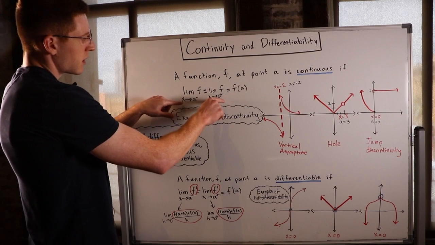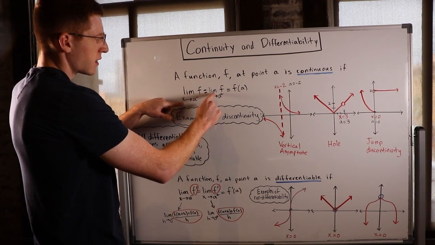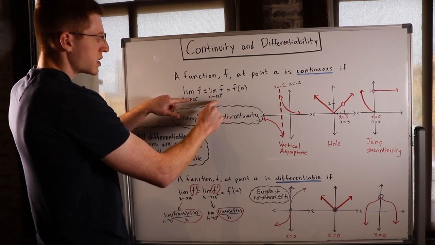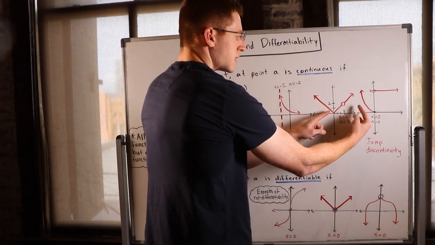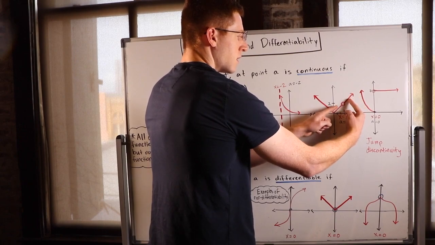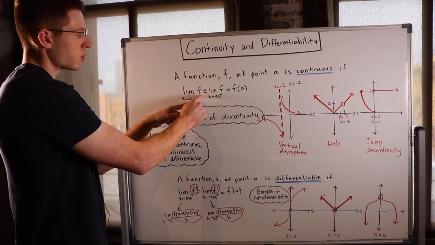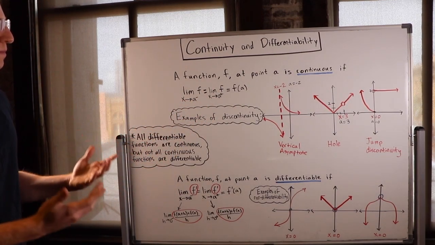To test if the limit of f as x approaches a from the negative side and the limit of f as x approaches a from the positive side are equal, I trace my fingers and make sure they meet. From the left side of a equals 3 and the right side of a equals 3, my fingers do meet, right? So this first equal sign is true. That criteria is met.